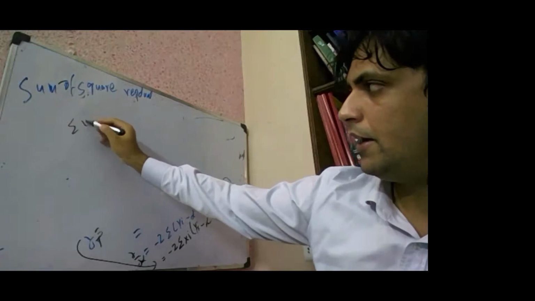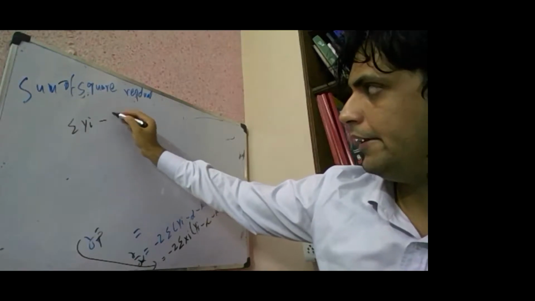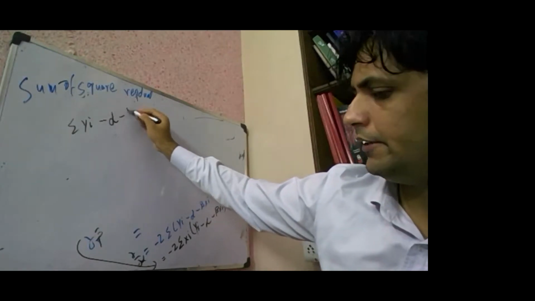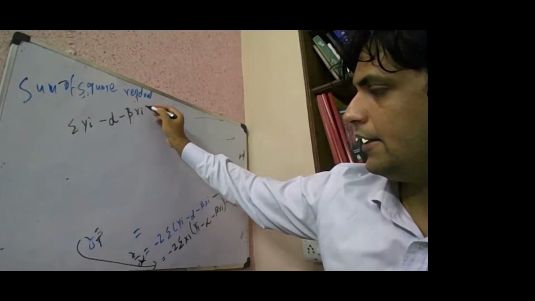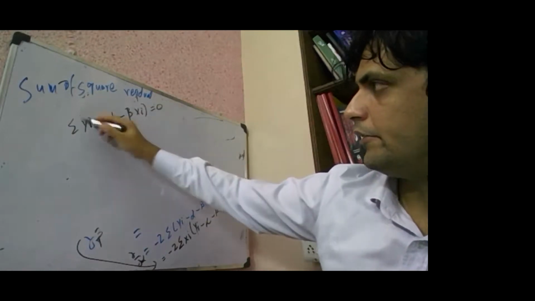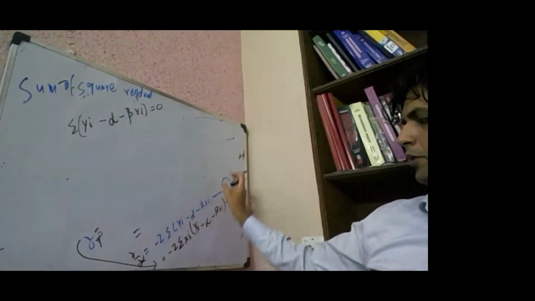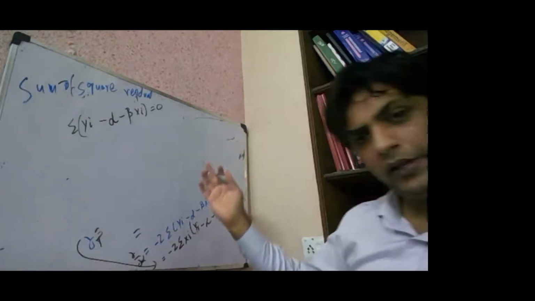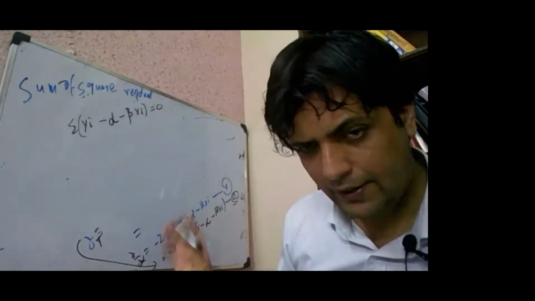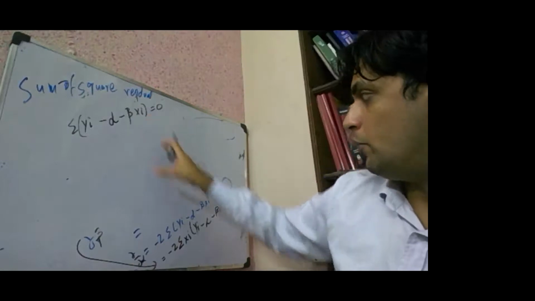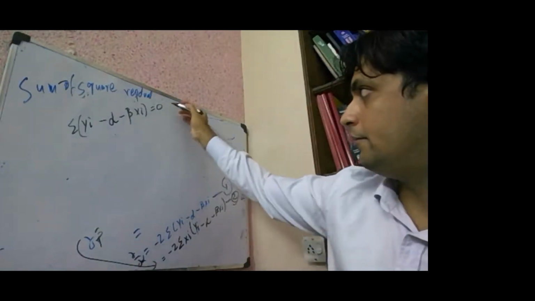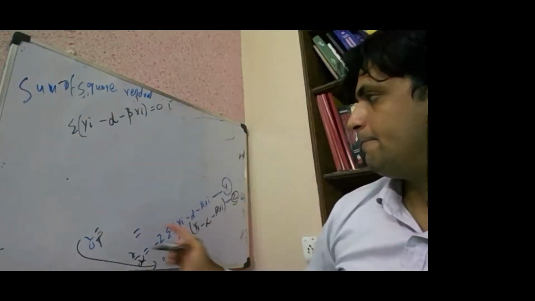So sum of yi minus alpha minus beta xi equal to 0. I just put equation 1 equal to 0, so of course minus 2 will go to the 0 side and it will be 0. So that's why equation 1 will become 1 dash.